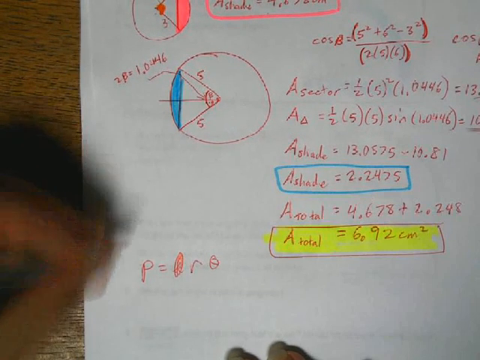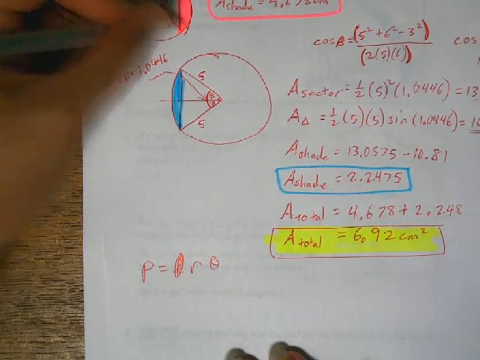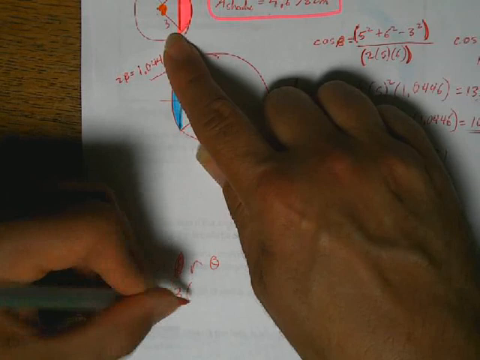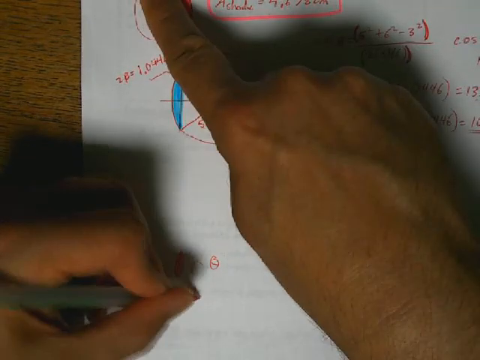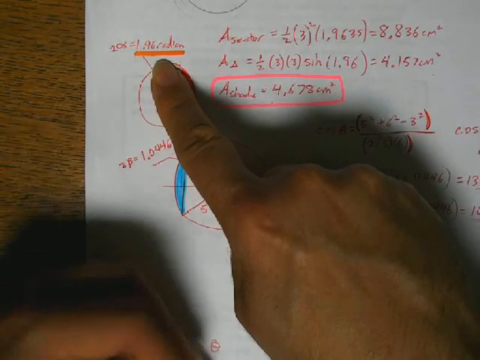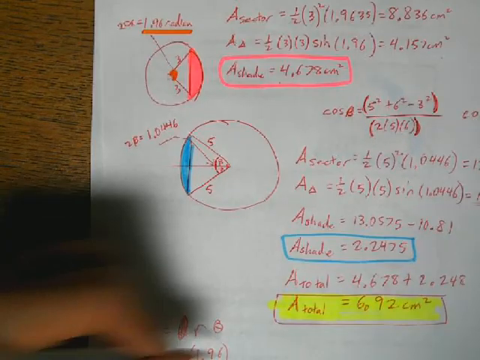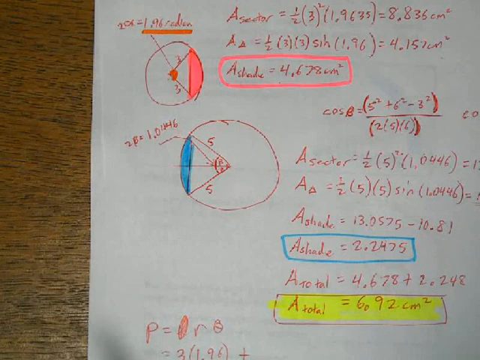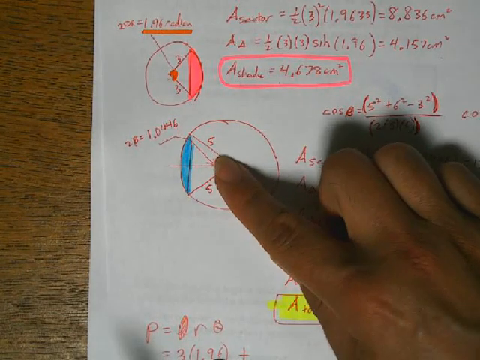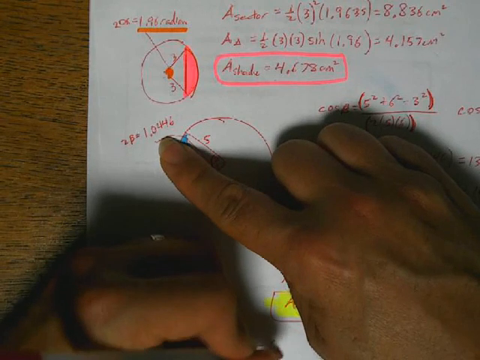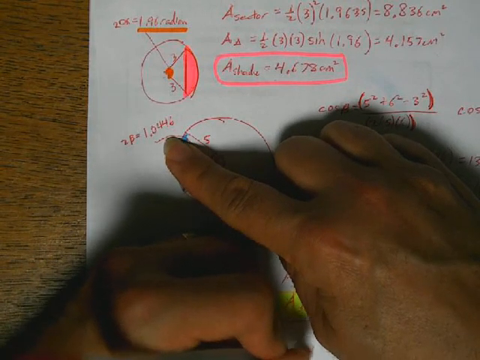So this pink perimeter is equal to the radius 3 times that angle, 1.96, and the other radius was 5, and this angle here was 1.0446.